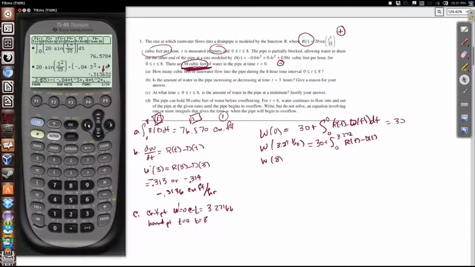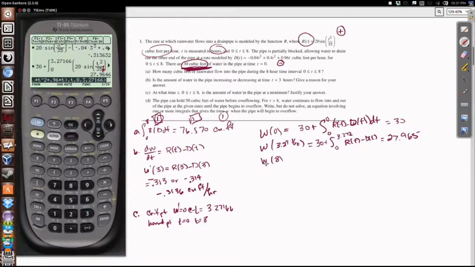But I'm going to integrate this from 0 to that r value. And I'm actually going to put in all the decimal places that we got instead of just 3 decimal places, just to make sure that my answer is as accurate as possible. So I'm going to integrate this with respect to t from 0 to 3.27166. And after a few minutes of repose, we get our answer of 27. And notice that this is significantly less than the 30 cubic feet that we had here.